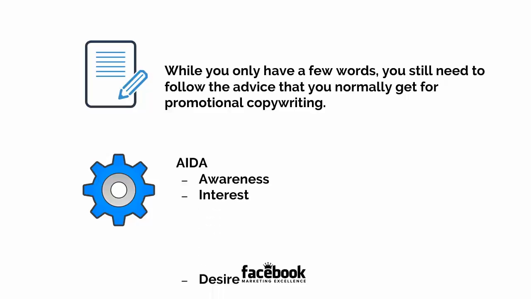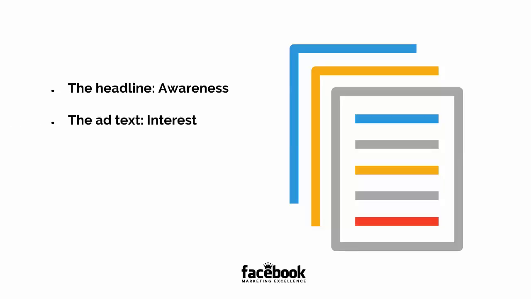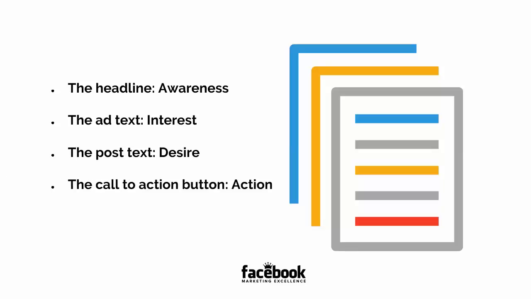Interest comes next, then desire, and then your call to action. In this case, we can break this down into each of the categories. The headline is awareness. The ad text is interest. The post text is desire. And the call to action button is action. Now, this isn't a strict rule, but it can be useful as a basic structure.